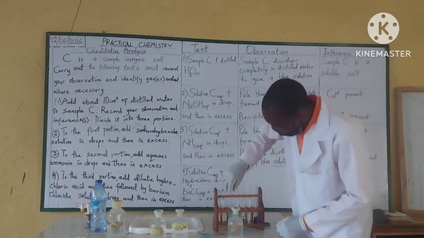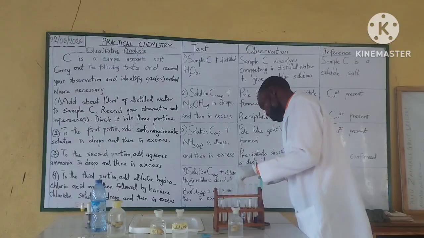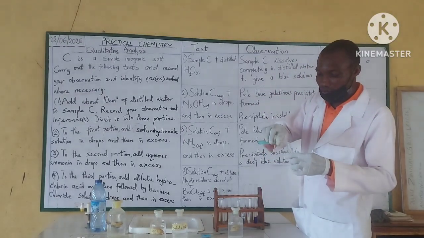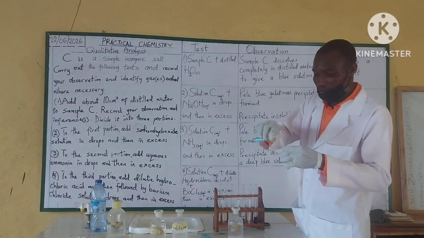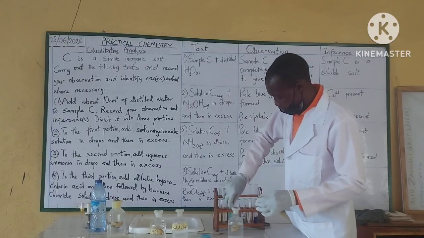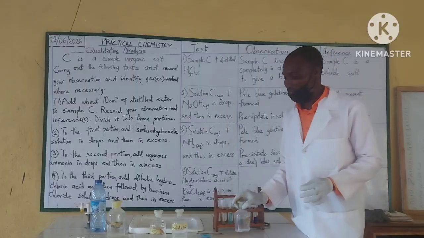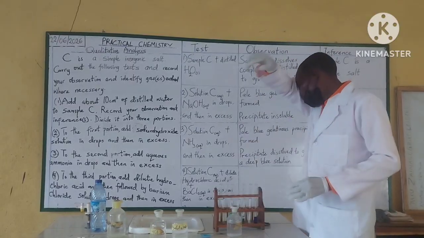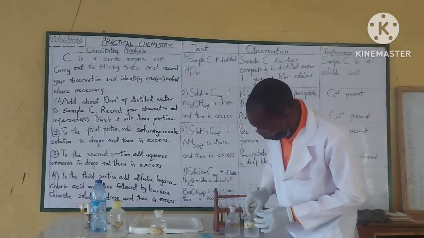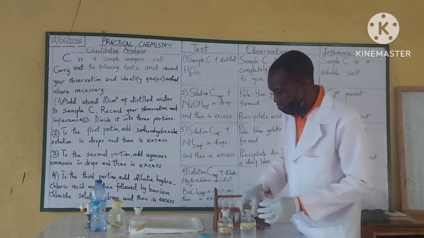We have our solution C. Just pick a portion from there. Because we want to test for anions, we make use of barium chloride and hydrochloric acid.